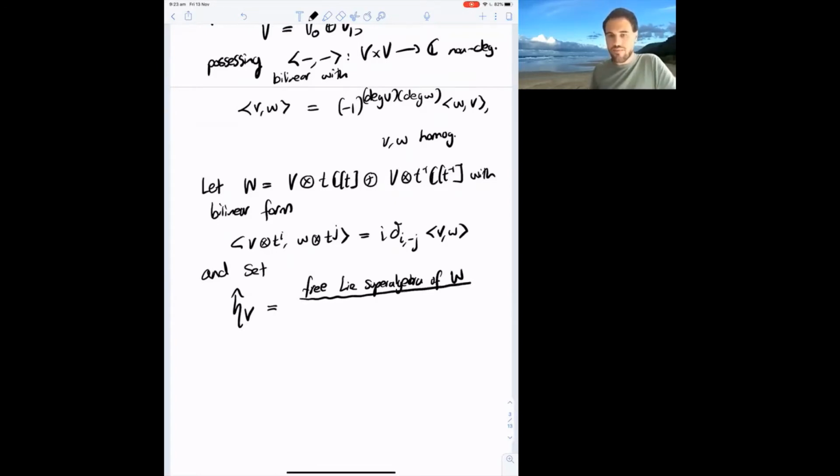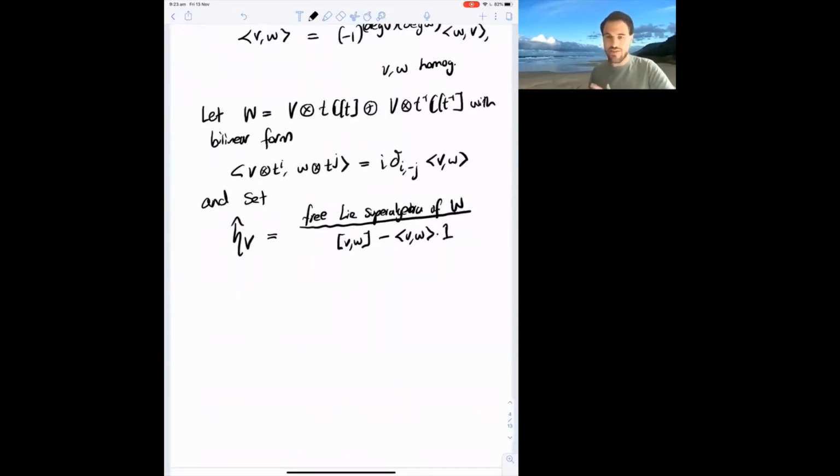We do this, and then we want the bracket to respect or be determined by the bilinear form. So what is a Lie superalgebra? If I describe what a Lie superalgebra is, hopefully people believe that there is such a thing as a free Lie superalgebra.